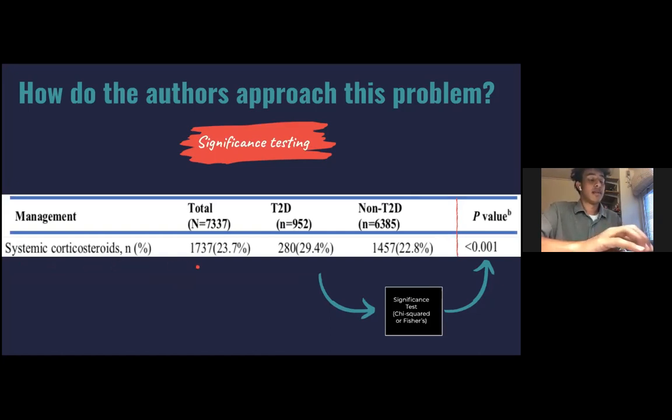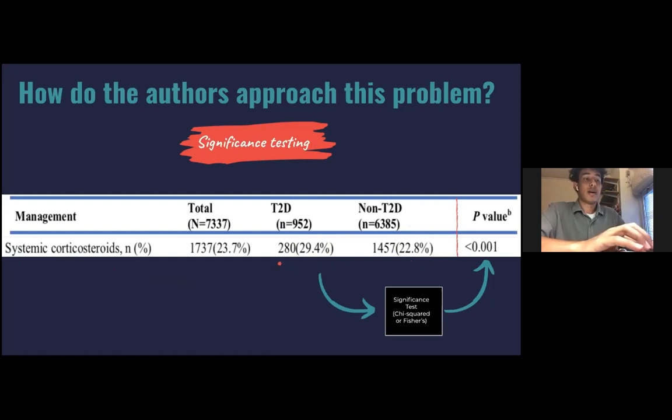Looking at the type 2 diabetes cohort, we can see that these patients were prescribed this drug at a rate of about 29.4%, compared to the patients in the non-type 2 diabetes cohort, which were prescribed this drug at a rate of about 23%.